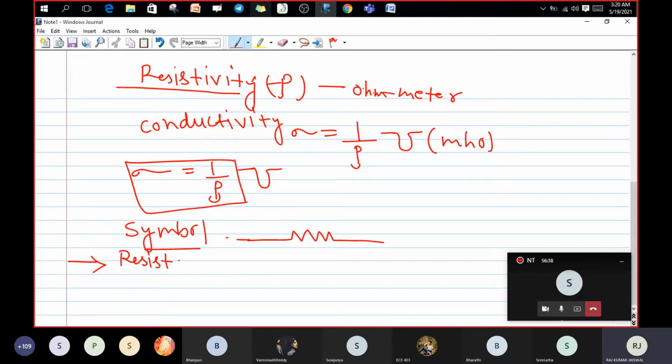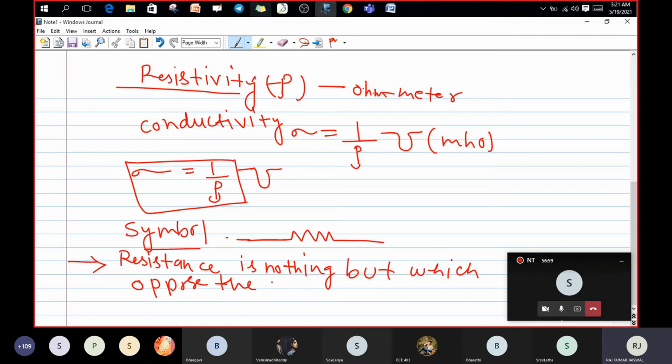Whatever you have told in the starting: resistance is nothing but that which opposes the flow of current.